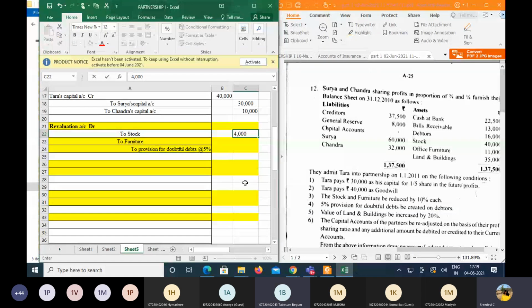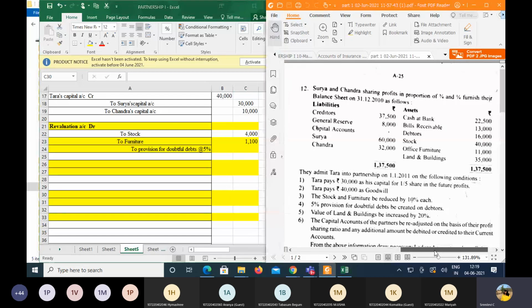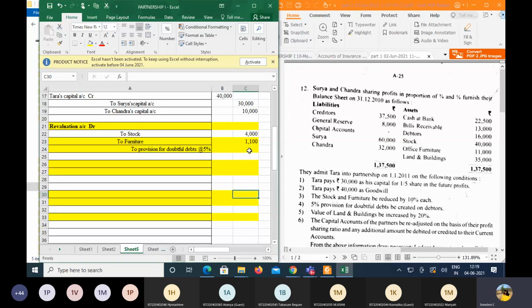The furniture here is 11,000, so we take it as 1,100. Then 5% on debtors. The debtors value here is 16,000, so 5% of 16,000 will be 800. So the total amount to be debited to the revaluation is 5,900.